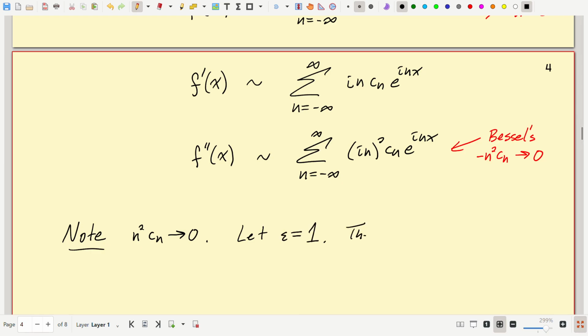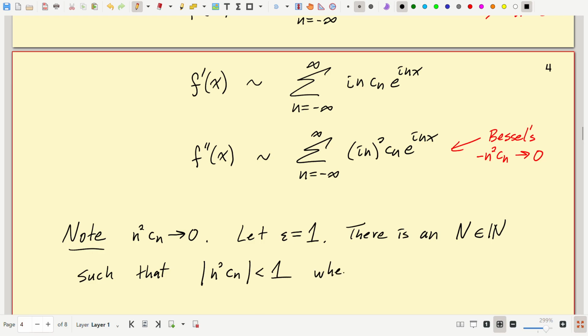There is an N, a natural number, such that n squared Cn is less than 1 when n is bigger than or equal to N.